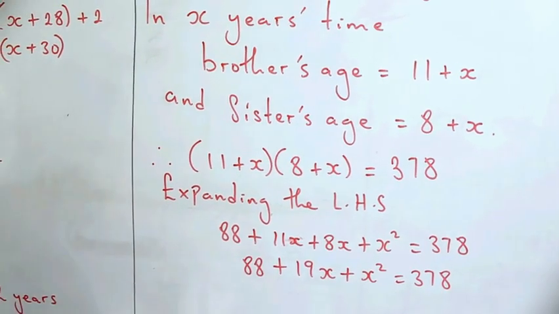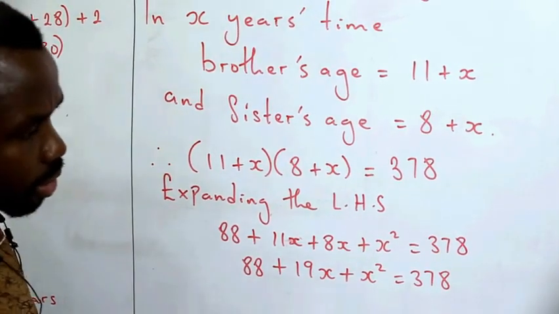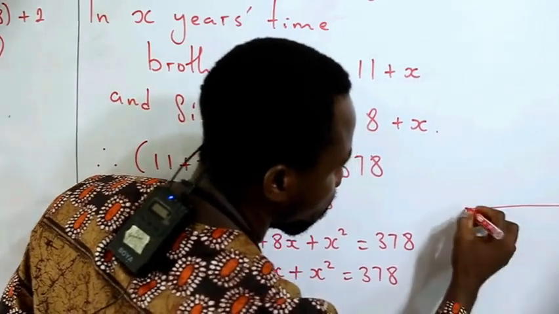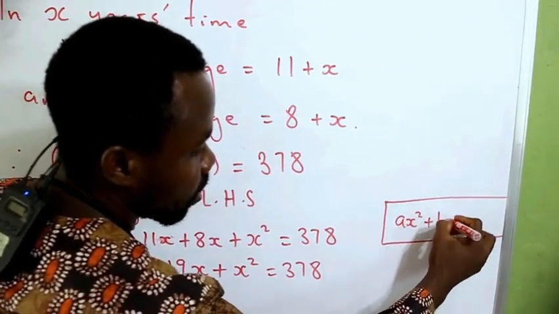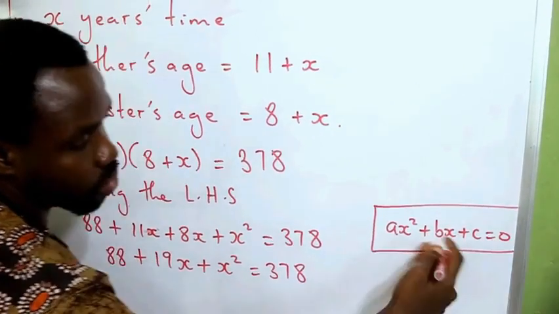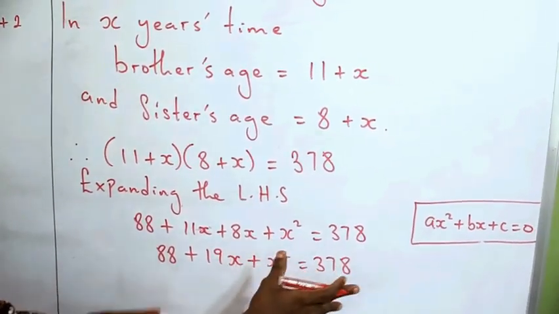This is quadratic. Let's rearrange it properly, since quadratic equations are always expressed in the form ax squared plus bx plus c equals 0. So let's rearrange this.